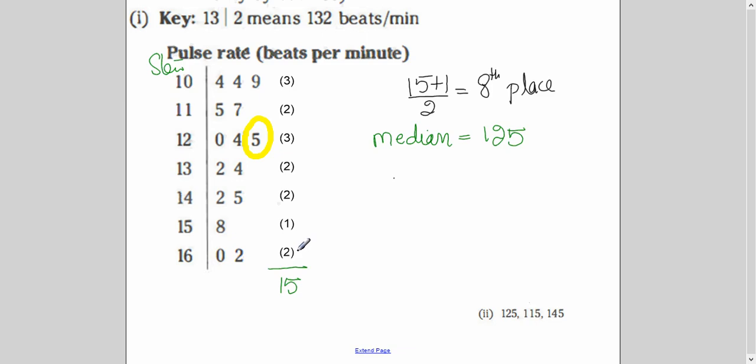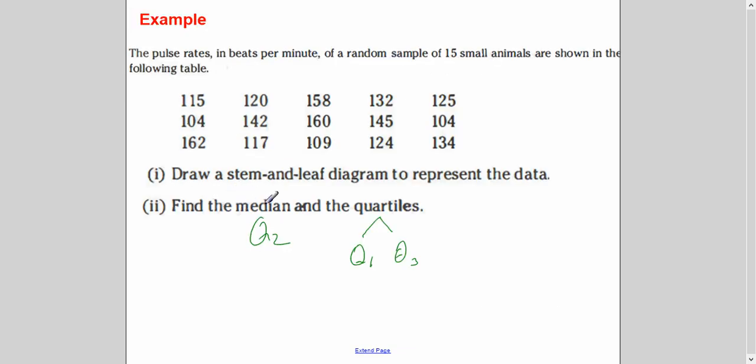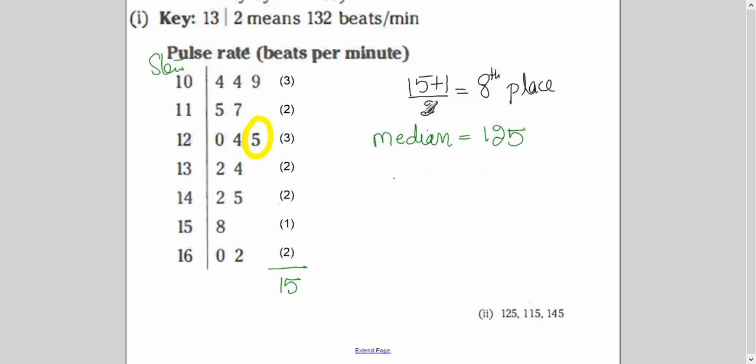Now, since I have to find out the median, I will add 1 to 15 according to the formula, which was half of n plus 1, right? And because it is an odd number, you know that you will get one value. So 15 plus 1 is 16, divided by 2 is 8.